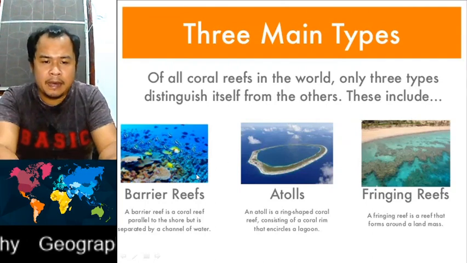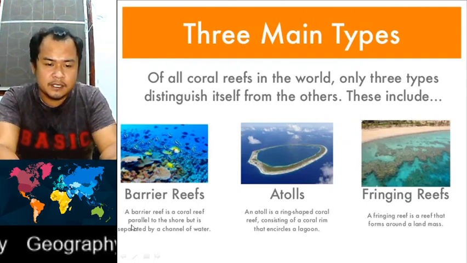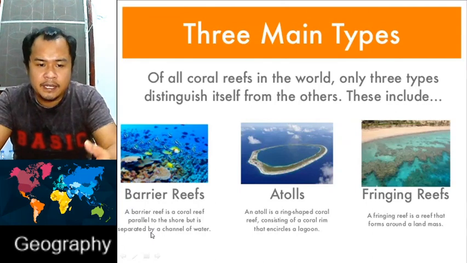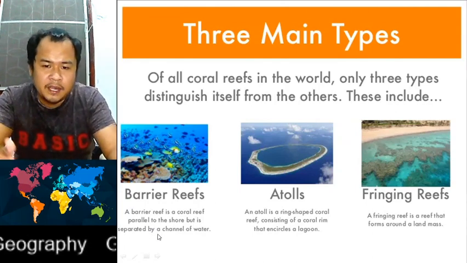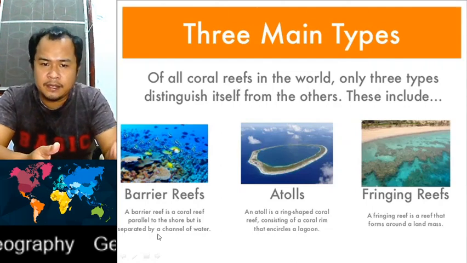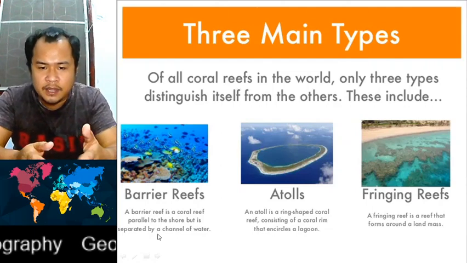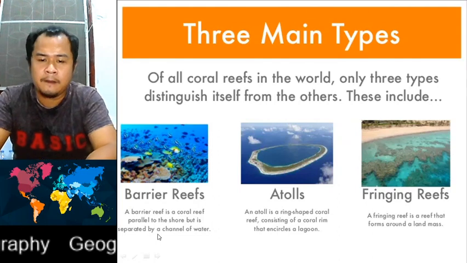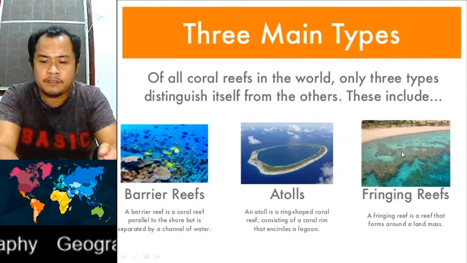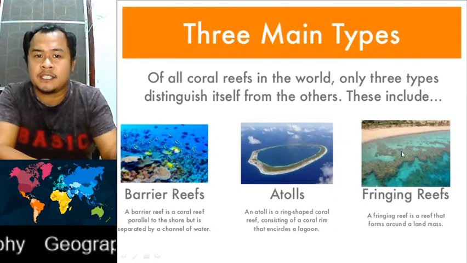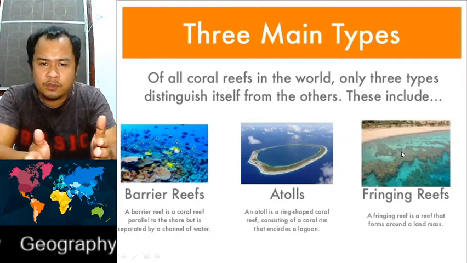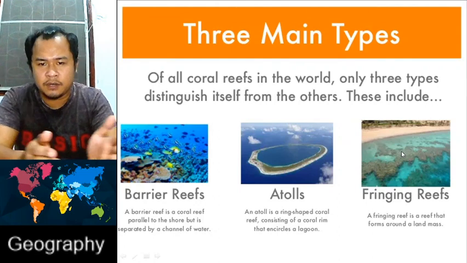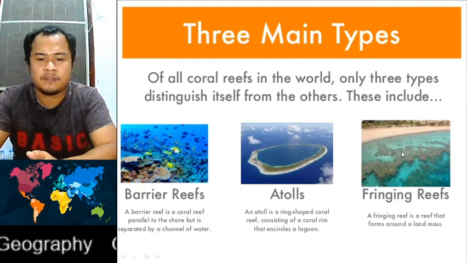Barrier reefs are parallel to the shoreline, separated by a channel of water. There is a separation from land, could be a lagoon, and then you have the reef. While fringing reefs are the ones that touch the island or the land. So there is no separation from the mainland towards the coral reefs.